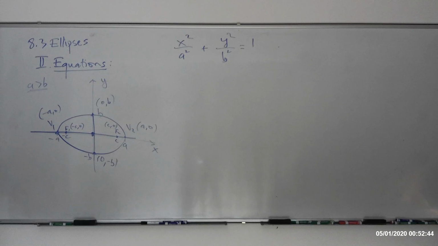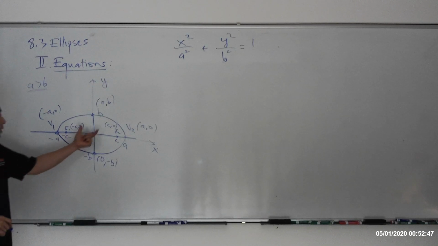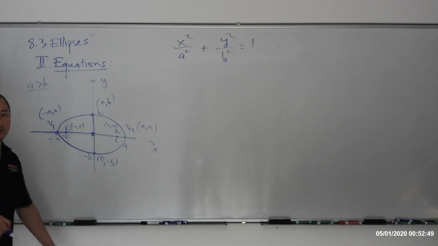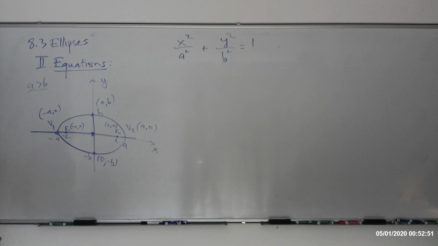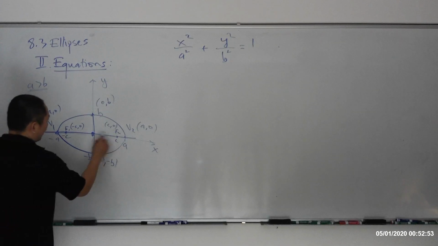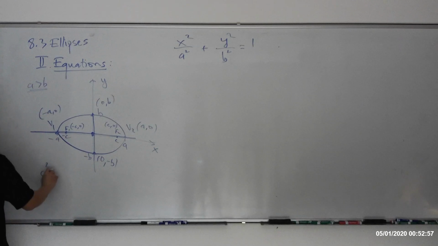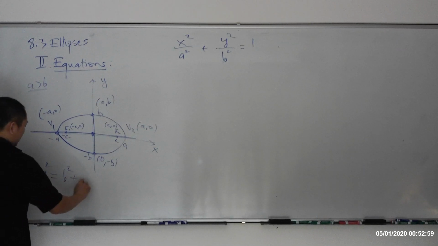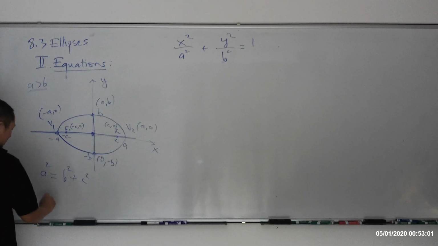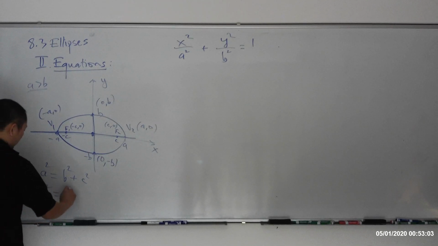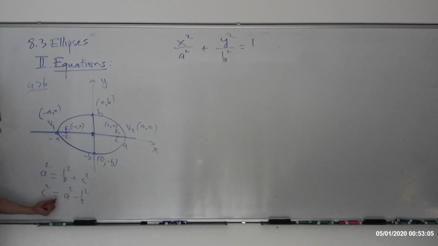The relationship between A, B, and C is the Pythagorean theorem. The longest side is A, so A is the hypotenuse. A squared is equal to B squared plus C squared. In other words, C squared is equal to A squared minus B squared. Just take the longer one and subtract the shorter one.